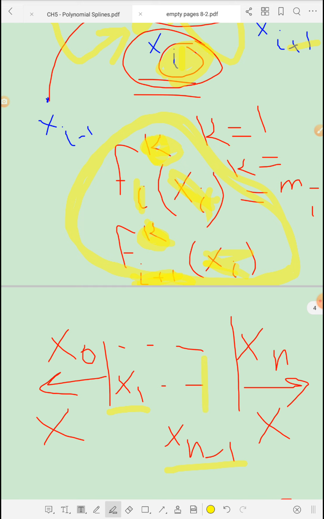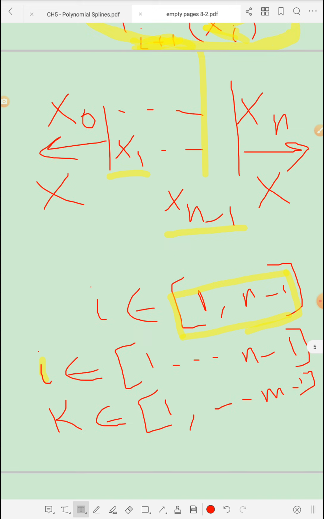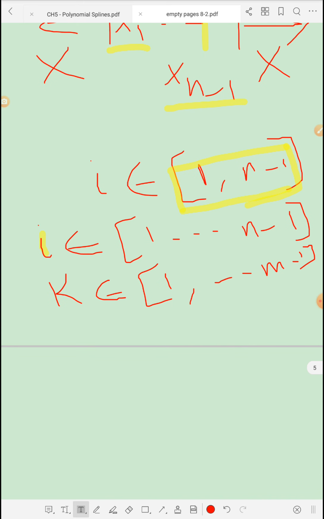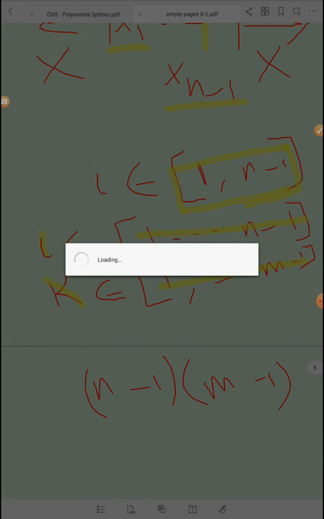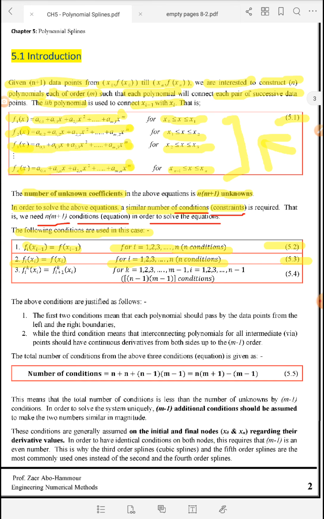So how many conditions can we generate from this continuity condition? As I mentioned, i is within the range 1 to n minus 1, being the number of interior nodes, and k, the derivative order, is between 1 and m minus 1. So finally we will generate n minus 1 multiplied by m minus 1 conditions from those derivative continuity conditions, and this is what is written on this page.